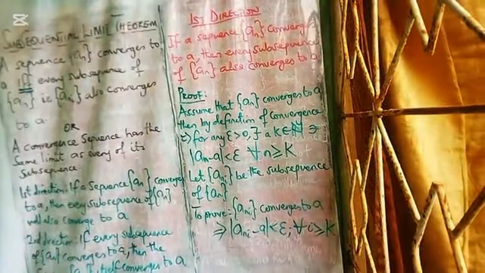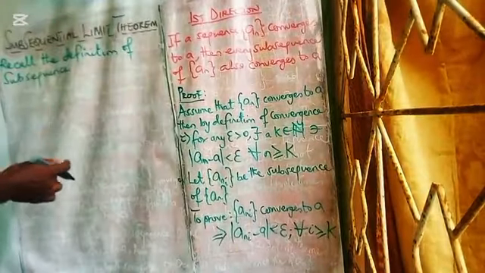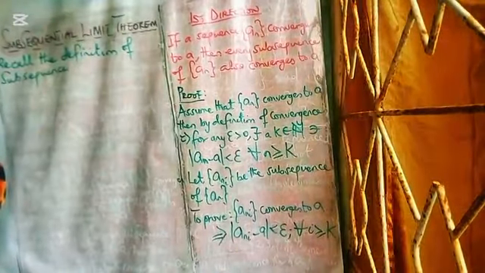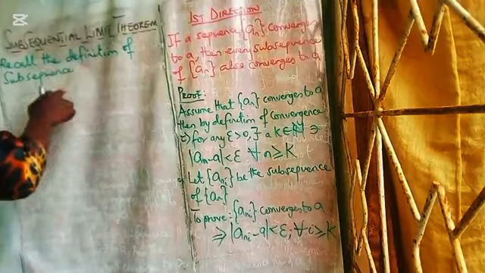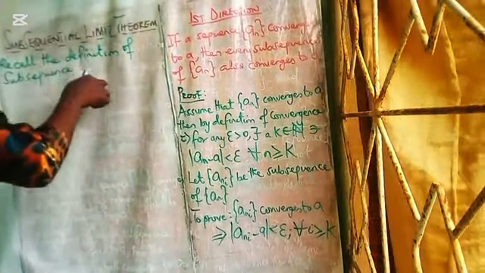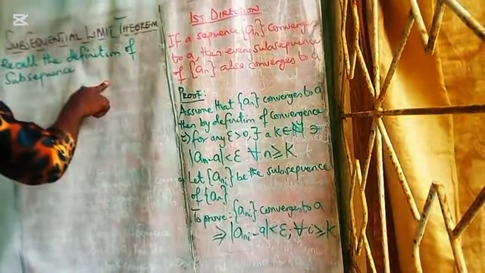Recall the definition of subsequence, which says that the subsequence of the sequence A sub n contains some of the terms of that sequence.